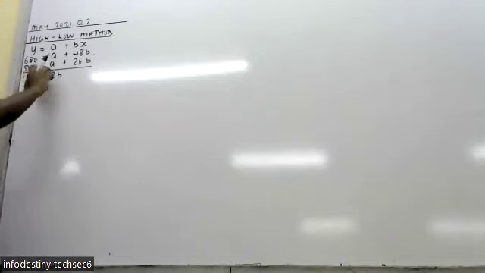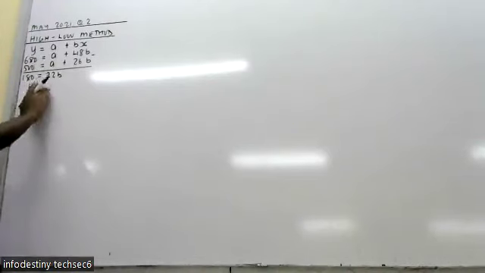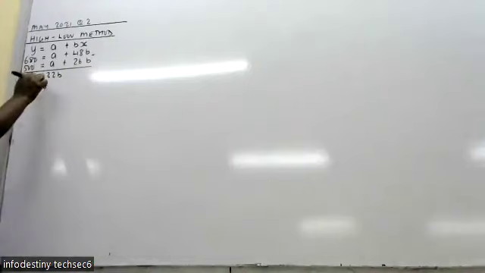Oh, it's 22, sorry. It's 22. So we divide 180 by 22, we get 8.18.